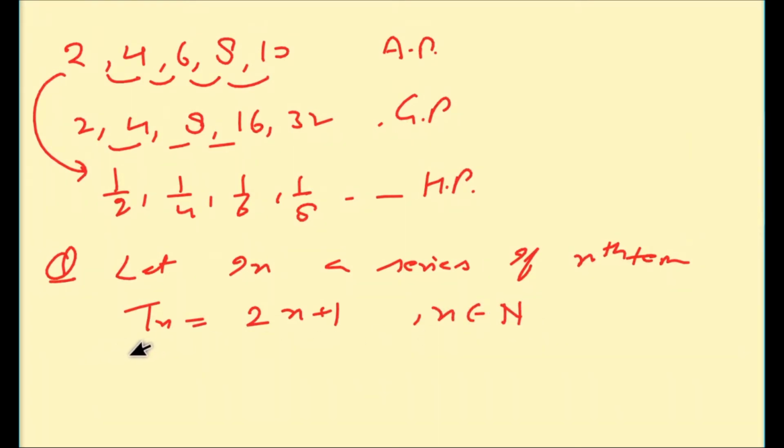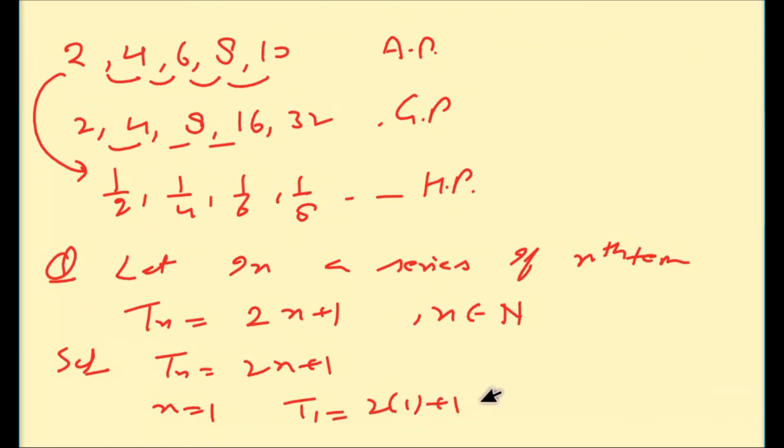So you can find the series according to these conditions. The name of this series is not given, but if this type of condition is given in the questions, you have to put in the value of n. When n equals 1, you get the first term, 2 into 1 plus 1 equals 3.